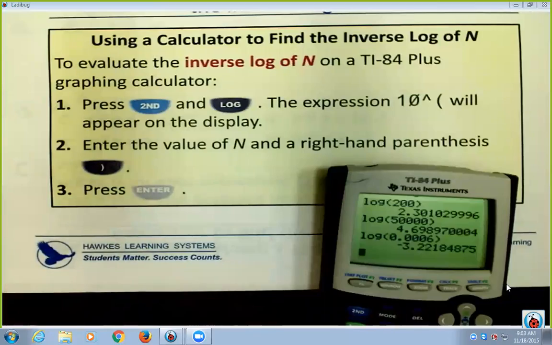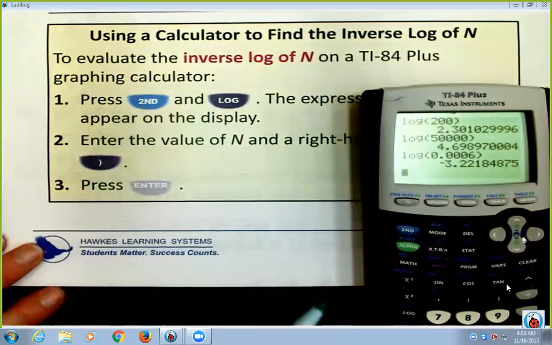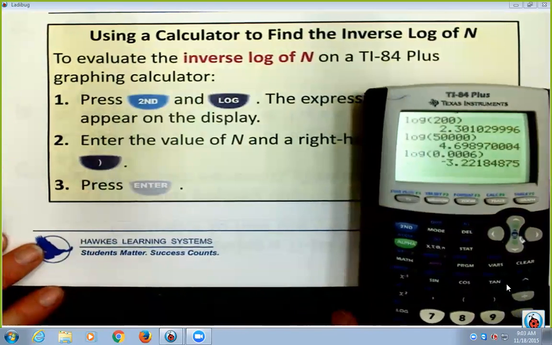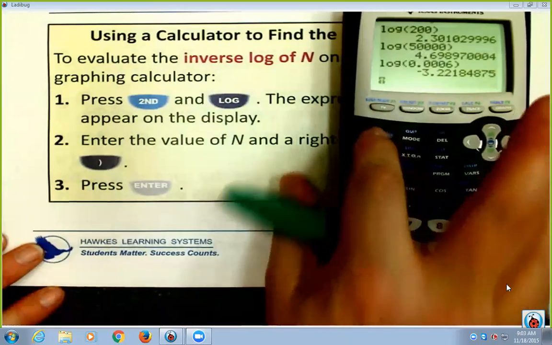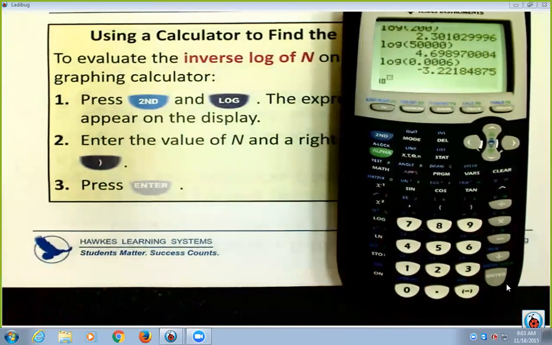Then we've got inverse log, which is, of course, on your calculator. You would do second, your log key. And if I do that, second my log key, what comes up is 10 raised to a power. And these are when we can't figure out what our solution is going to be. It's when we have log x equals some number that we're going to do these.